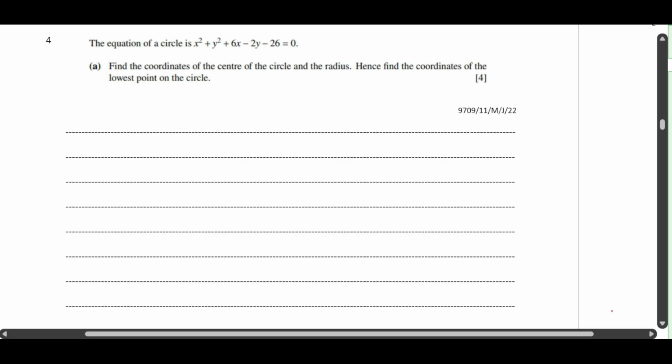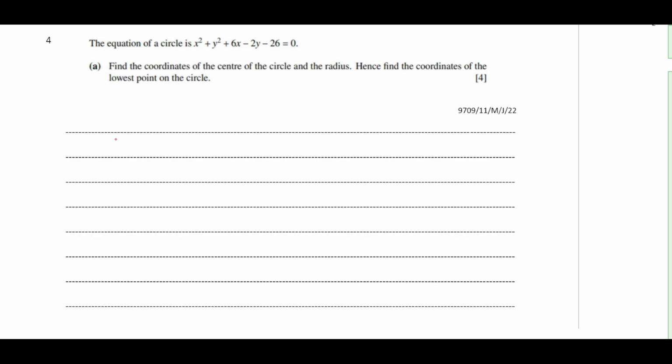Let us start. So we will write this equation first, which is x square plus, now I will rearrange and write. So I will write all x terms together. So x square plus 6x plus y square minus 2y and then minus 26 is equal to 0.